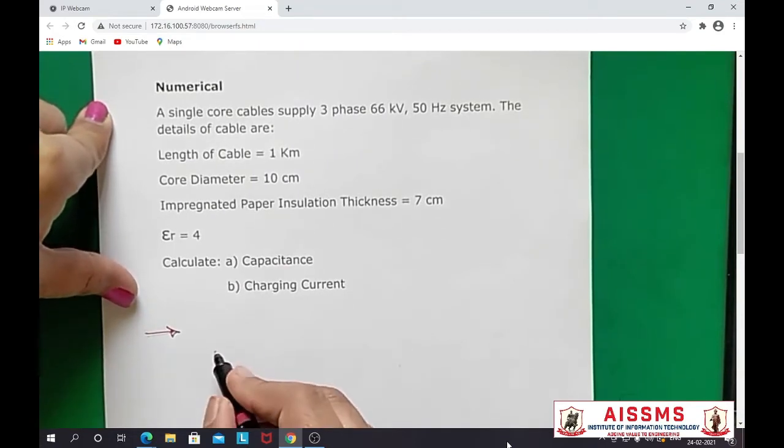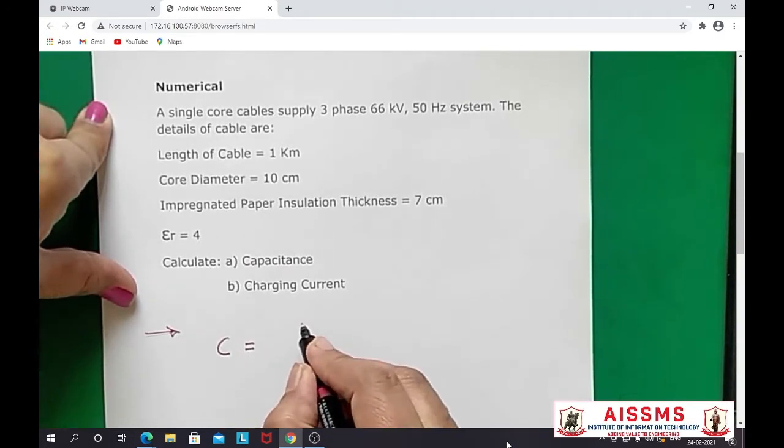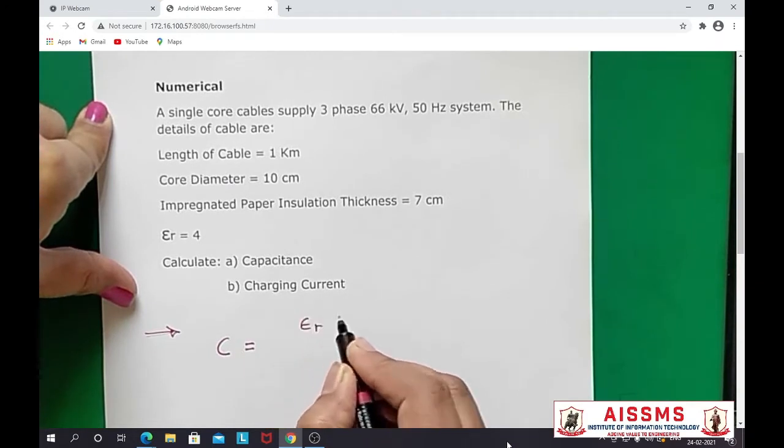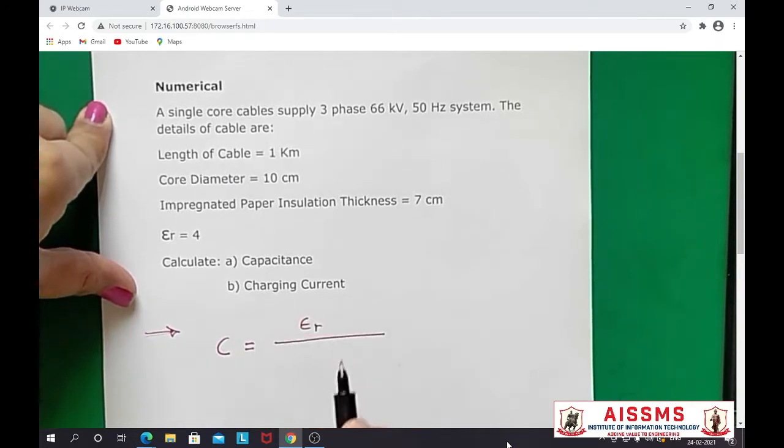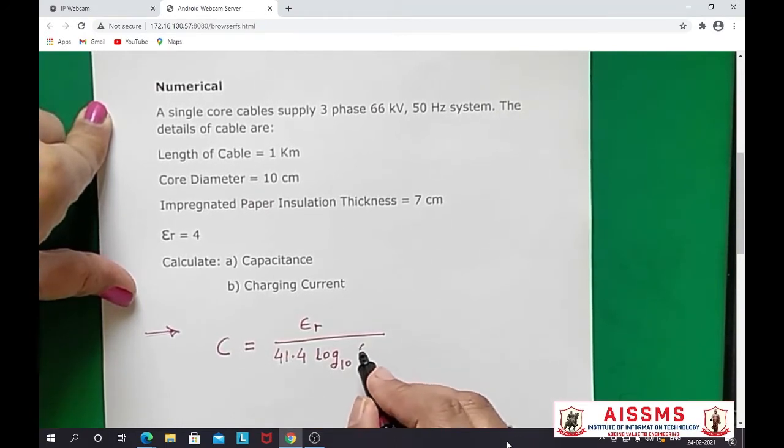Now the equation for finding capacitance of a cable is given as epsilon r into 10 raised to minus 9, divided by 41.4 log capital D by small d.